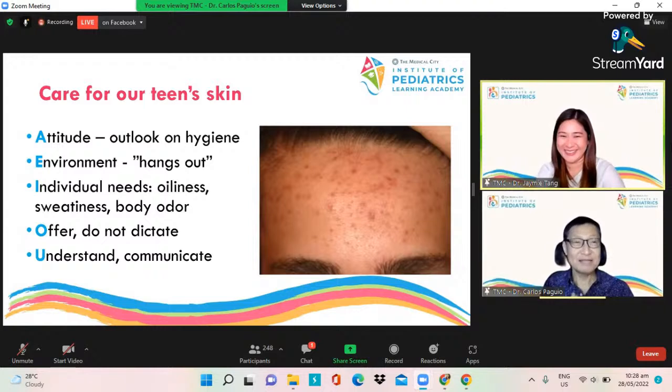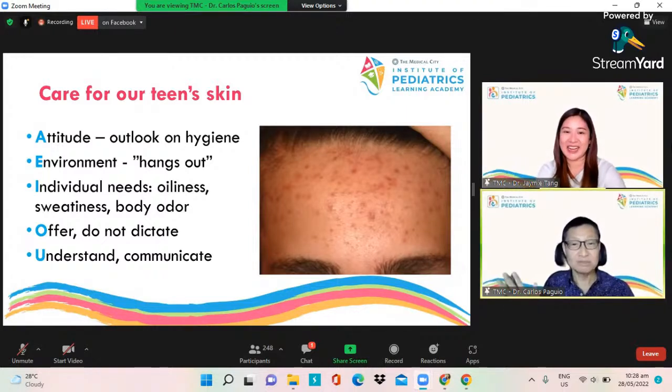Di ba? 15%. The same reason, of all the mothers who have become pregnant, how many actually develop stretch marks, and how many have no stretch marks? There is that population. So in other words, what I'm talking about here is genetics. Kapag genetically not inclined to produce pimples, wow, para kang nanalo ng lottery.